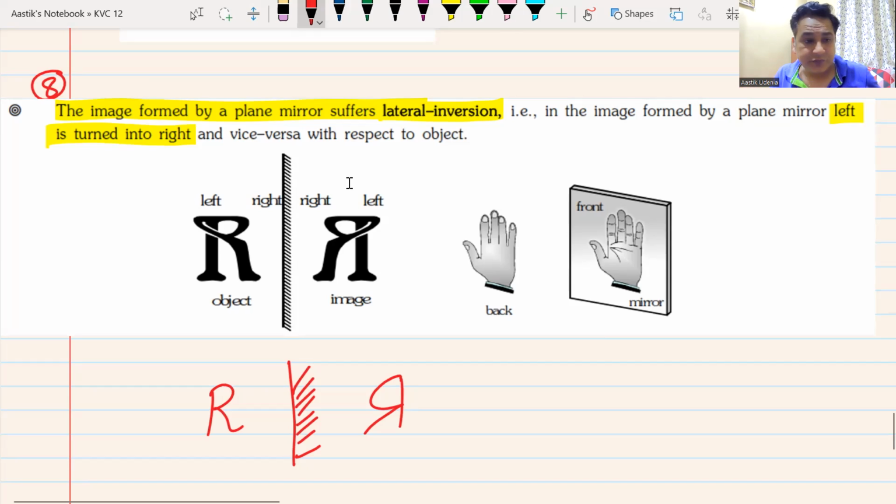So that was point number 8. We move on to point number 9.